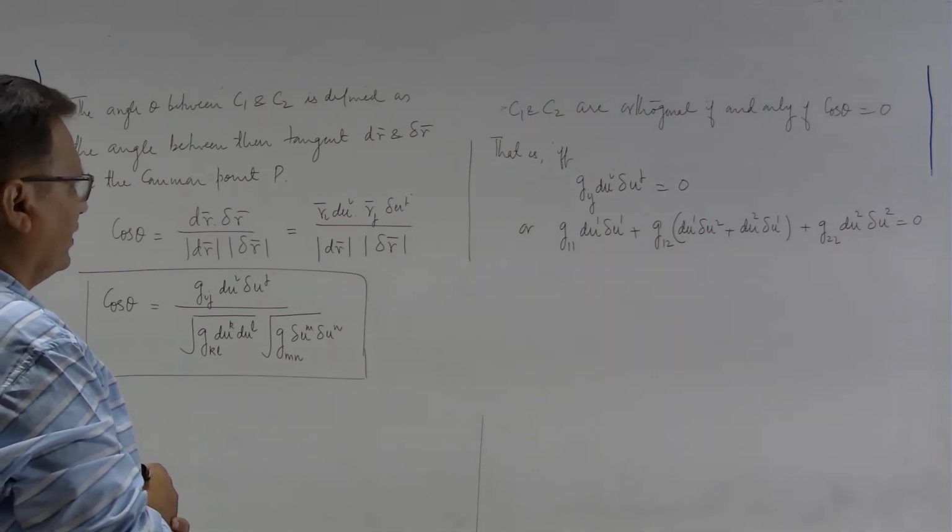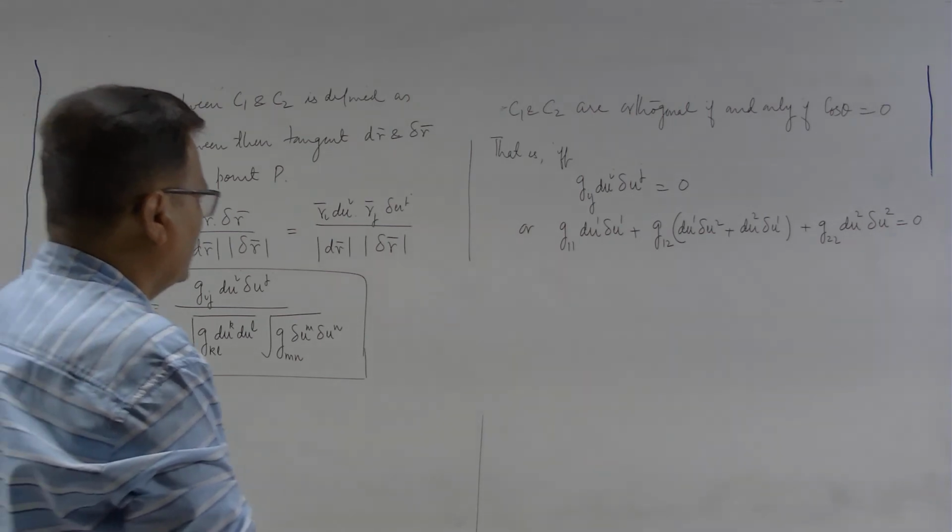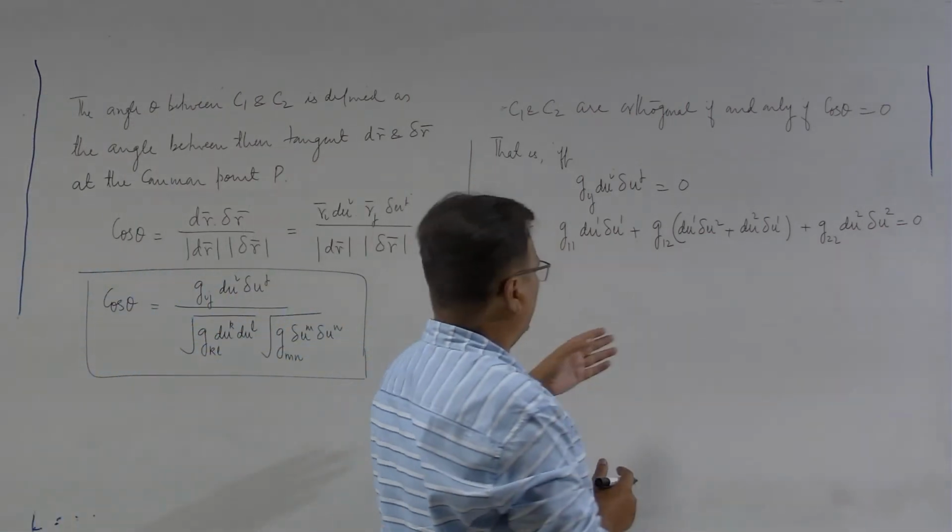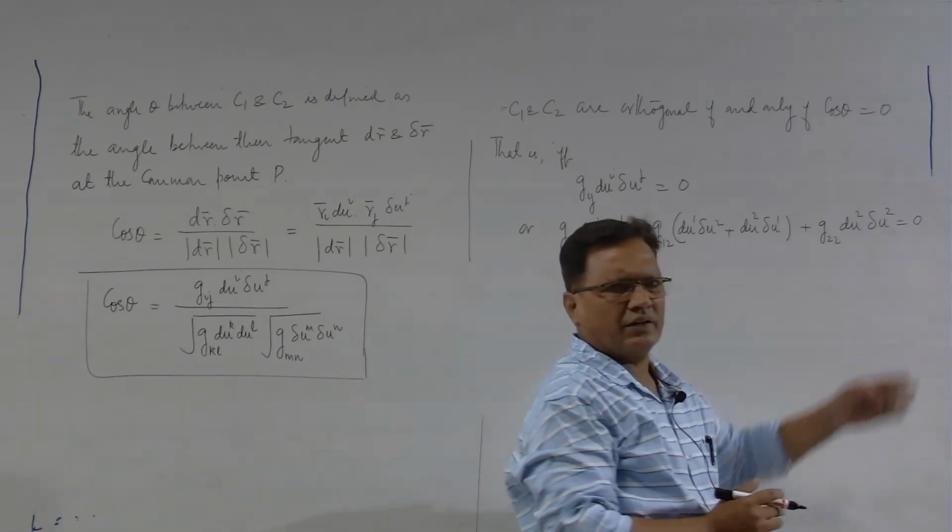Now, you can further simplify this expression. You divide throughout by d u 2 into delta u 2.